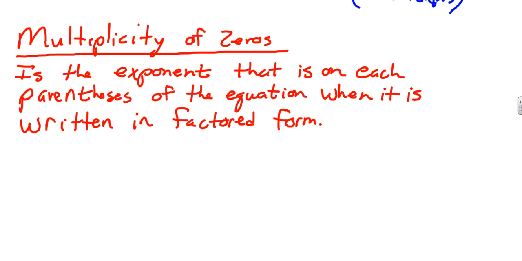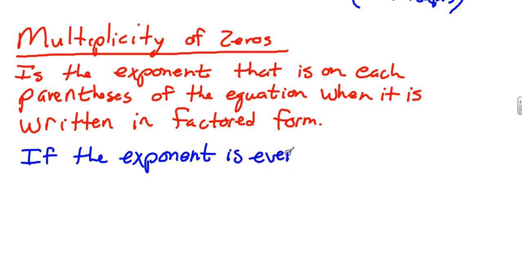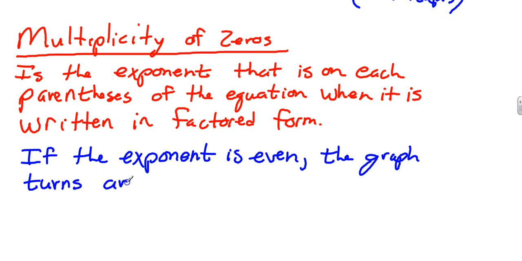And basically, here's what it is. If the exponent is even when you're going through these, then the graph, when you're going through and graphing these things and figuring everything out, is actually going to turn around at that 0 or at that solution.